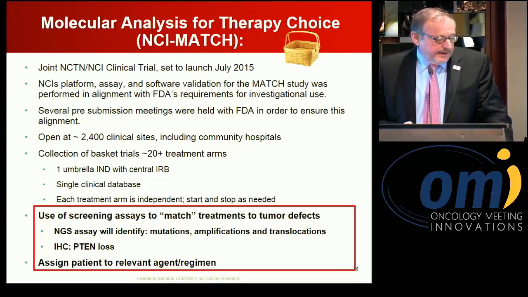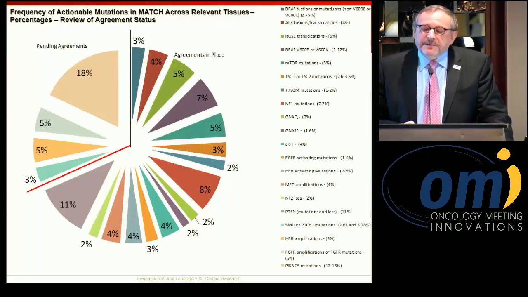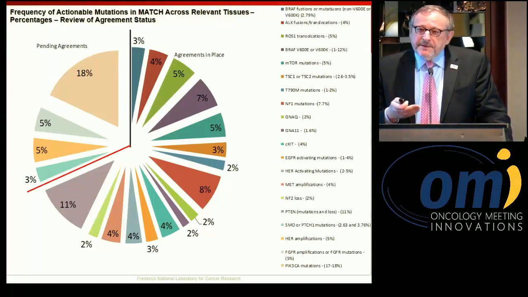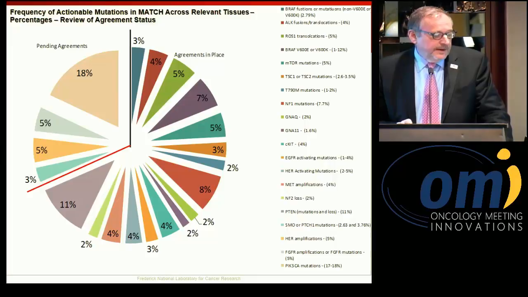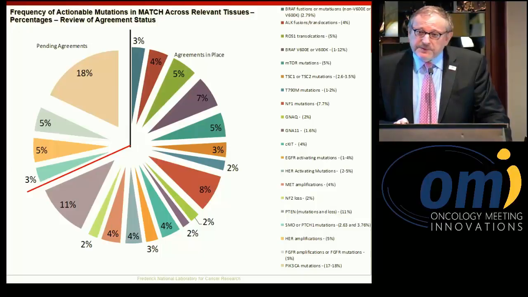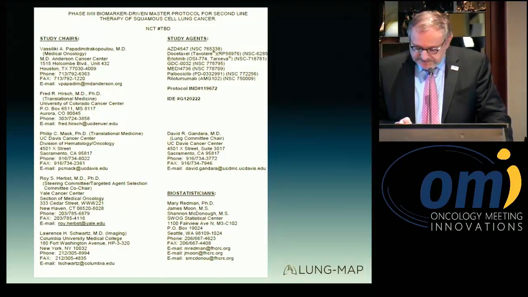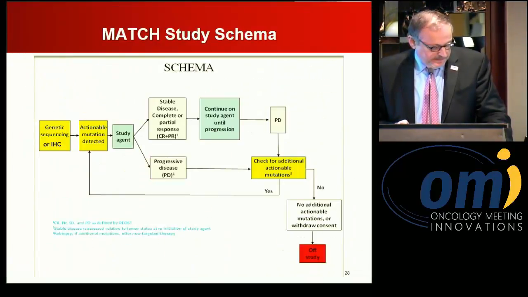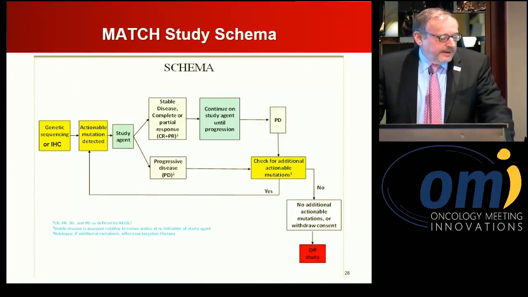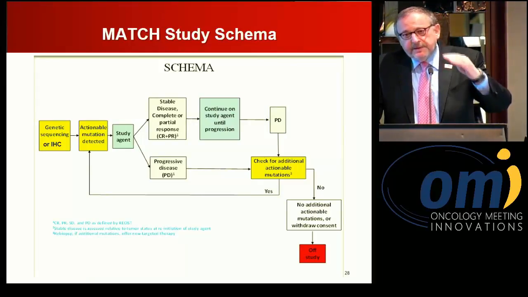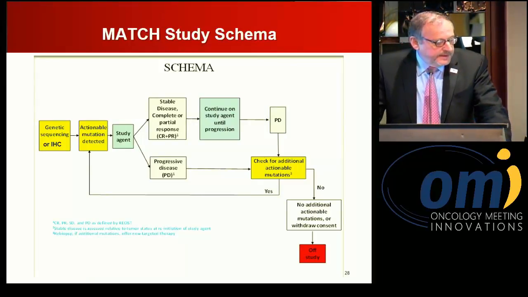Now we go to the basket trial, NCI-MATCH trial, and that is also, as I said, independent of tumor type, focusing on molecular abnormalities. And we can see here there is a lot of molecular abnormalities to choose from. So the NCI-MATCH trial has several clinical trials linked to the abnormalities.